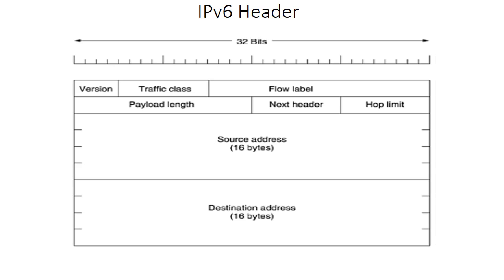The next one is the payload length. That field specifies how many bytes follow the 40 byte header, that is, after the 40 byte header length, how many bytes are going to follow.